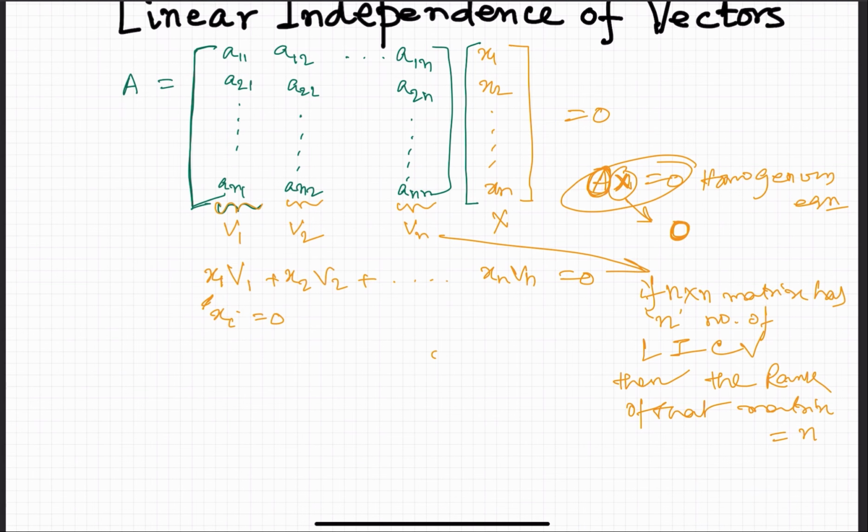If it has n minus 1 linearly independent vectors, then the rank will be n minus 1, and so on.